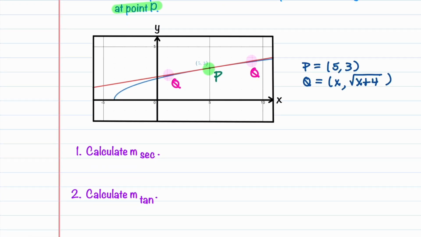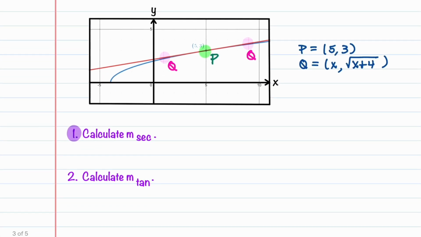Our first step in finding the equation of the tangent line at point P is to calculate the slope of the secant line. I think it always helps to write down your formula first. Our formula for the slope of the secant line is m sub sec, which is m PQ. That's just the slope of the secant line between points P and Q, and that's equal to the change in y divided by the change in x.